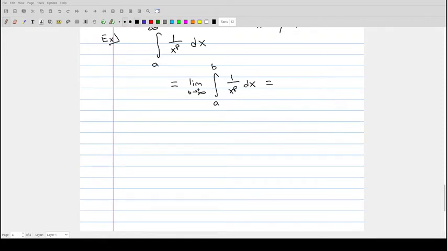This is going to be equal to the limit as b goes to infinity of, when p is equal to 1, positive ln of the absolute value of x from a to b. This is when p equals 1.